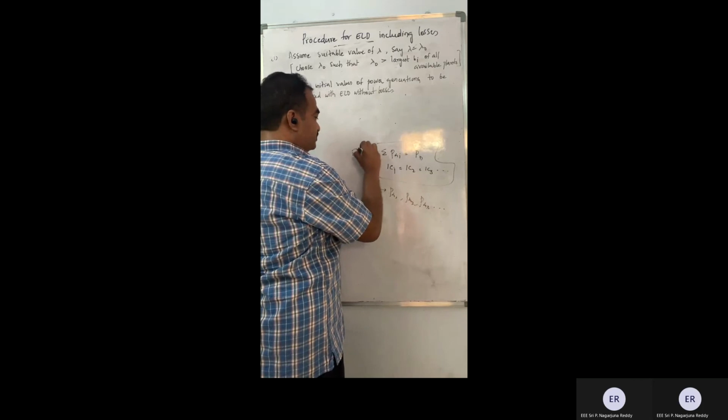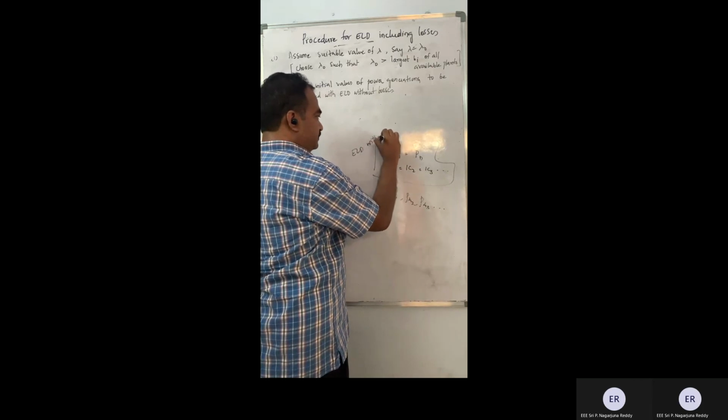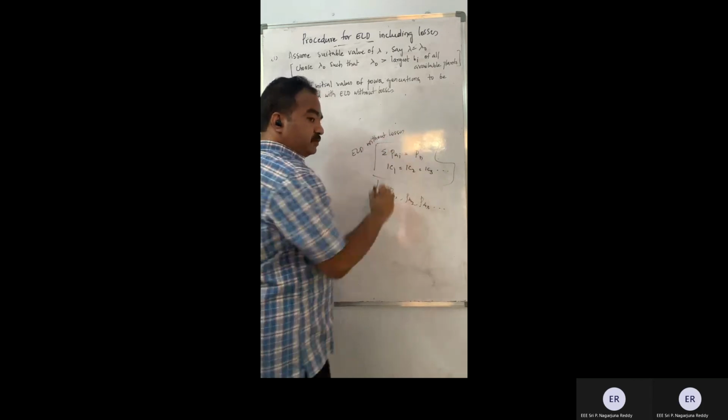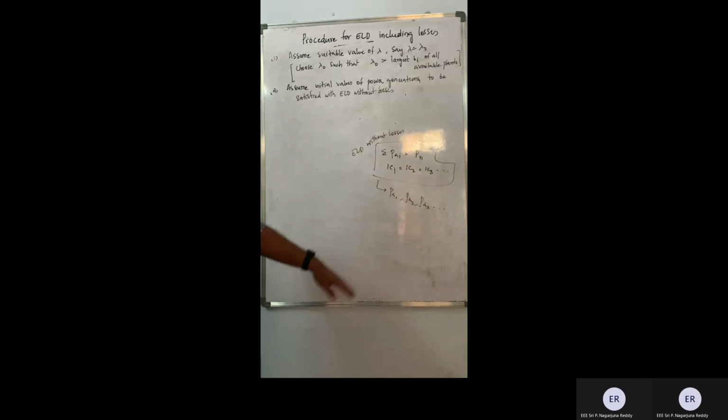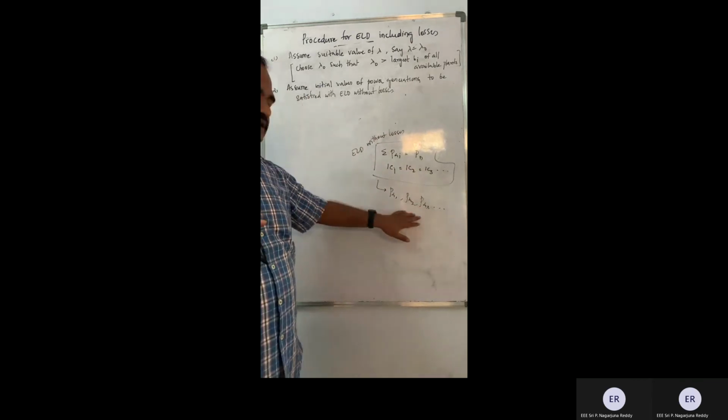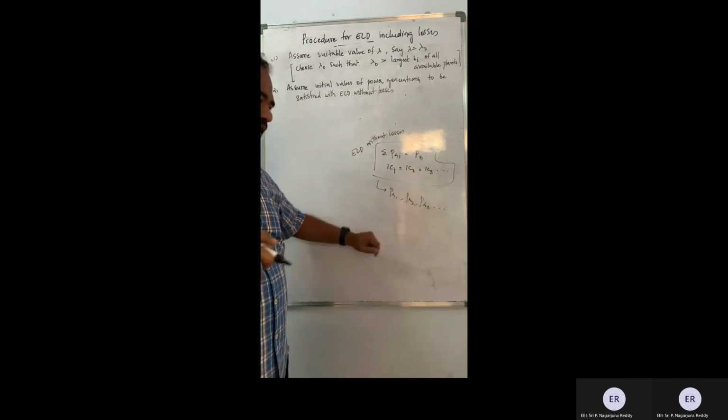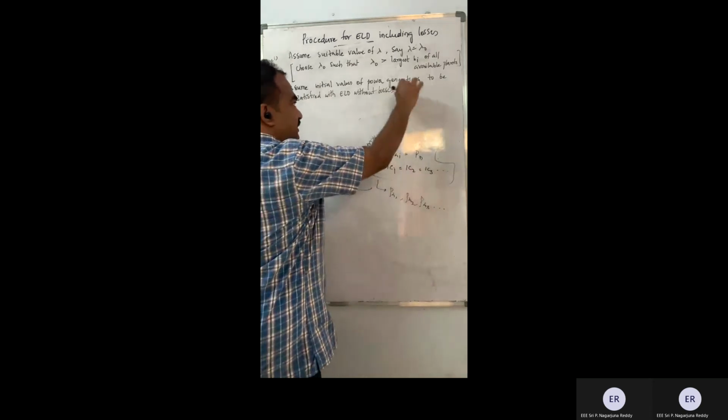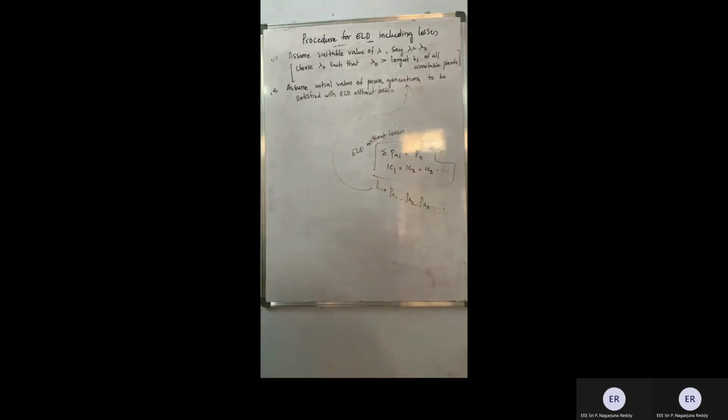This was the ELD without losses, right? So for the given problem, you perform ELD without losses and you get the values of PG1, PG2 and PG3, all the generations, and let these values be your initial values for your problem.